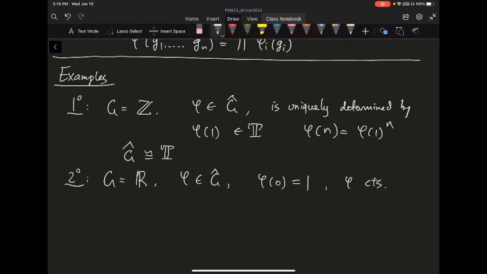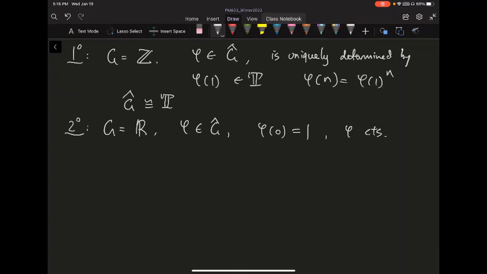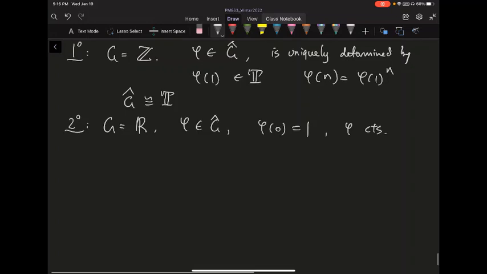Because of that, phi is going to be near 1 on some small neighborhood around 0. So there exists some a so that the integral from 0 to a of phi of t dt is equal to something non-zero. It's close enough, you're integrating something close to 1, so you're never getting 0.